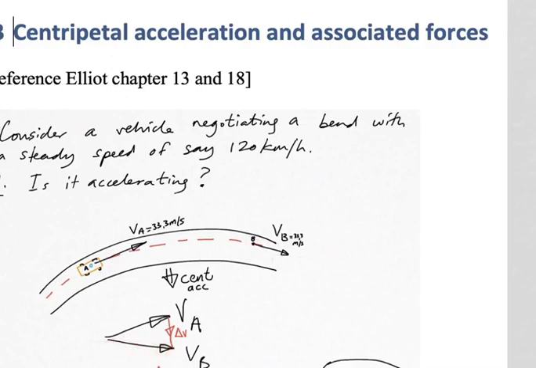If you place both of those vectors tail to tail, a line joining their 2 points would represent a change in velocity. So far we've concluded that the vehicle from A to B has experienced a change in velocity. Not a change in magnitude of the velocity vectors, but a total change in velocity.